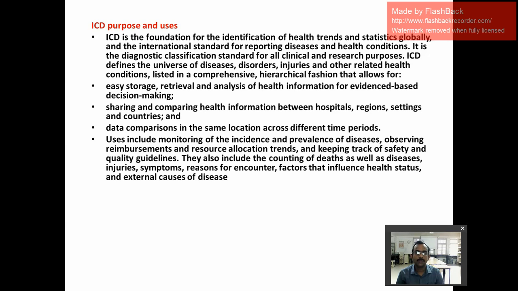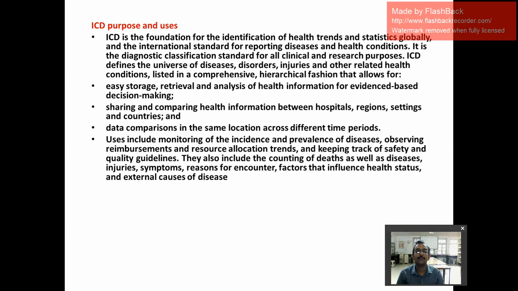Uses include monitoring the incidence and prevalence of diseases, observing reimbursement and resource allocation trends, and keeping track of safety and quality guidelines. It will observe the trend in the disease and how much reimbursement. In the health insurance area, there will be reimbursement for the clients. In the Western world, it is a most common thing.